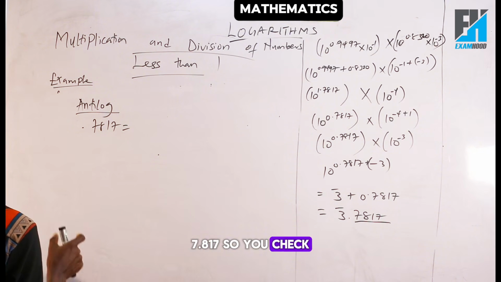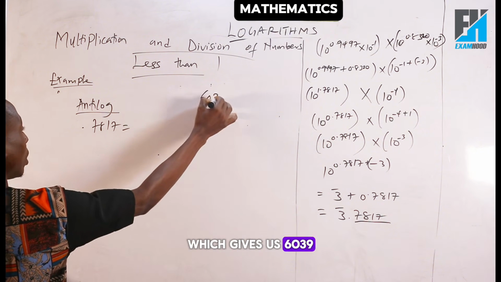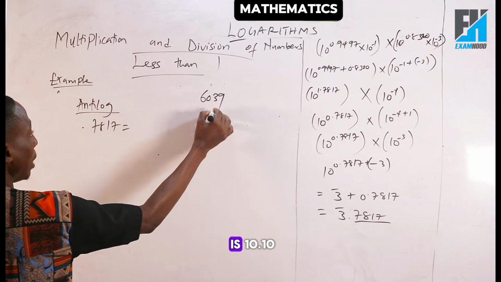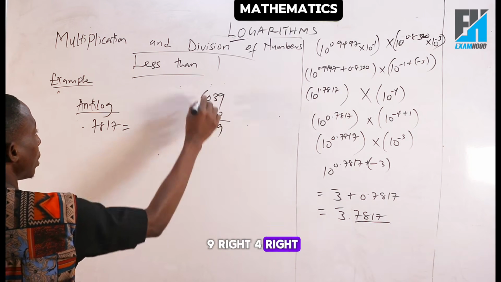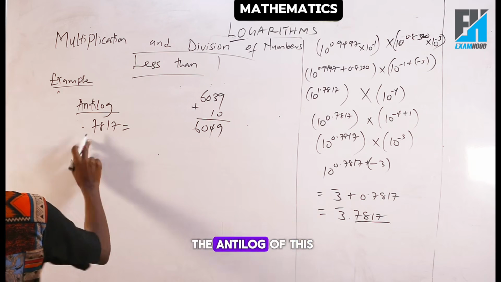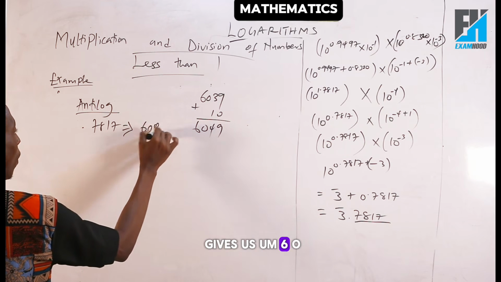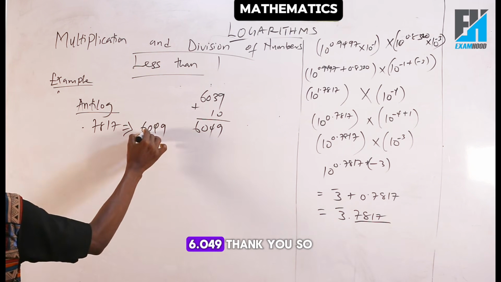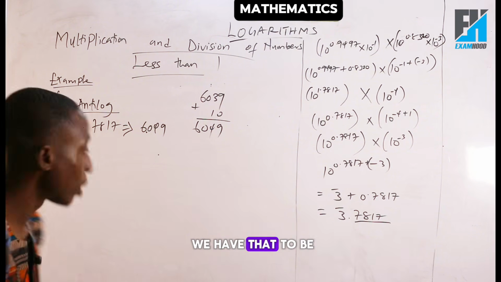You check 0.78 under 1, which gives us 6039, then difference 7, which is 10. So you add together: 9, 4, 0, 6, 6049. So the antilog of this gives us 6049, right? 6.049.